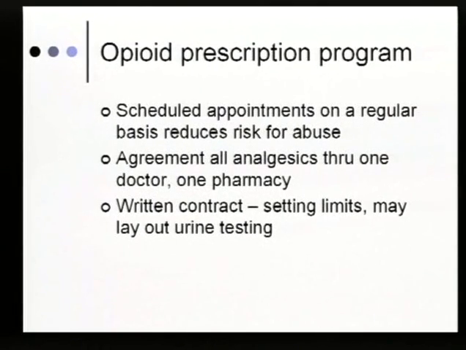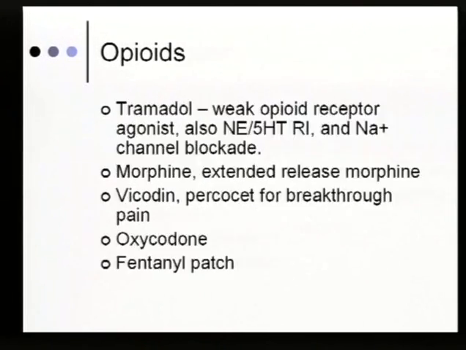You can set up an opioid prescription program to especially try to reduce the risk of addiction and abuse and diversion, and that's scheduled appointments and agreements to obtain all analgesics, opioids through one doctor, and maybe even making a little contract of agreement on the rules between doctor and patient.